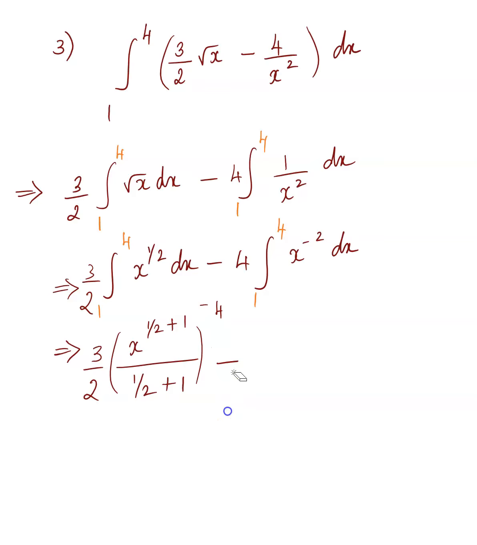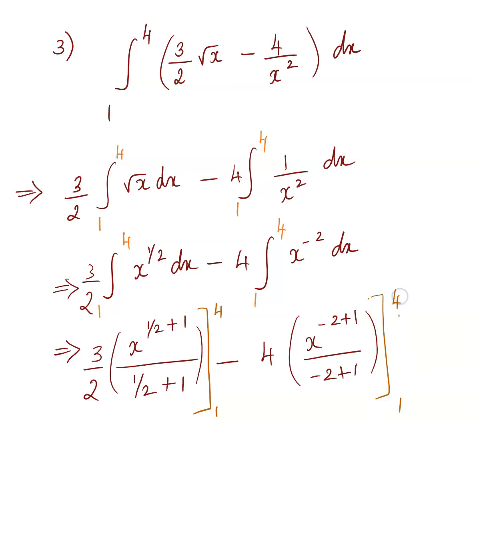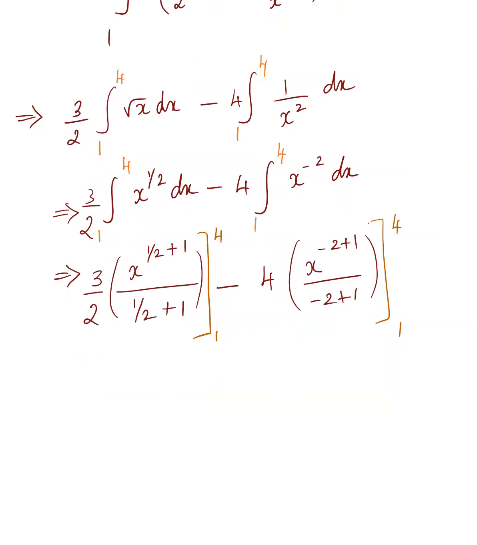Just for our convenience, I'm going to give this in a different color so it's easy for you not to get mixed up. 4, yeah. And then this is minus 4 x power negative 2 plus 1 over negative 2 plus 1. Once again, there is no plus c here, and so we can evaluate from 1 to 4. I know it's a little messy, but just work patiently through it.